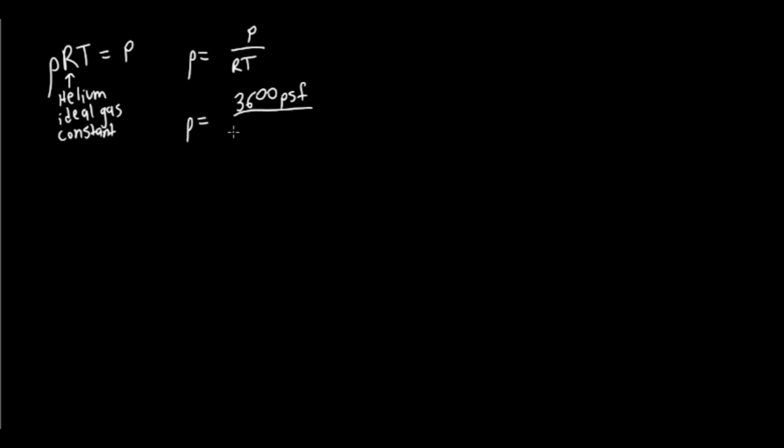And then the R value, you would probably need to look up on some table or in your book, but I have it here: 1.242 times 10 to the 4. Not to the negative 4, just to the 4th. And then the units of that are foot-pounds per slug-Rankine. And then temperature is 499.67 Rankine.